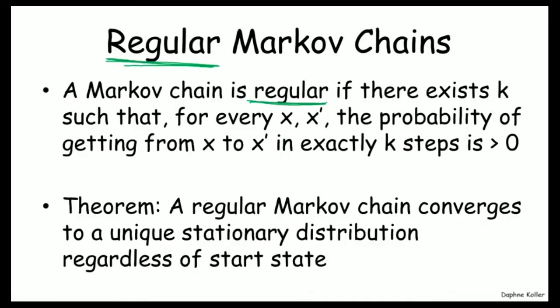If there exists some integer k, such that for every pair of states, so this is the universal quantifier, the probability of getting from x to x prime in exactly k steps is greater than 0. Now notice what that means. It means that you pick the k first.